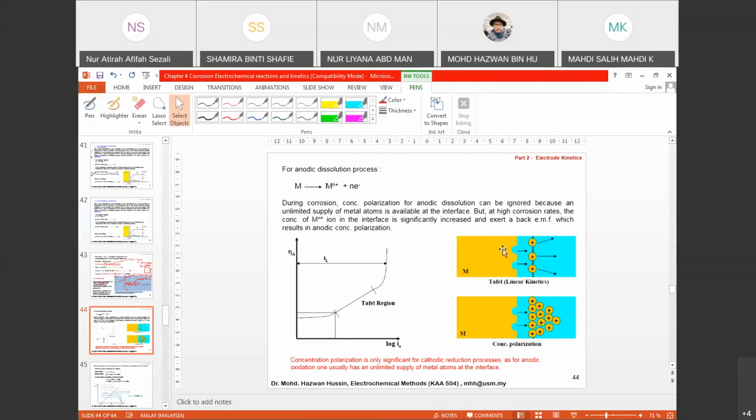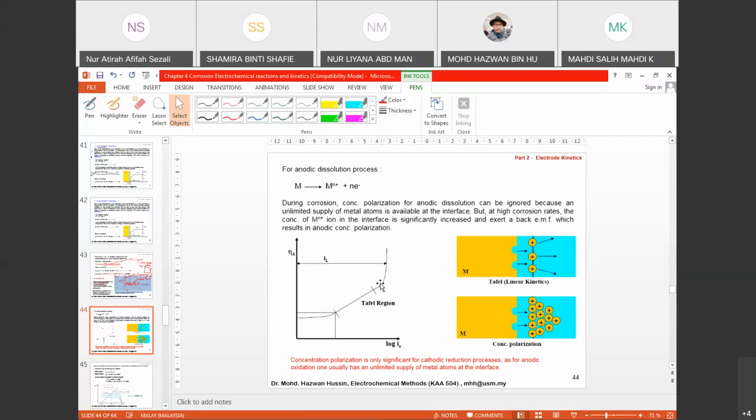Over here you will see the first process, the active process where most of the metal is dissolved. But when it reaches saturation, most of the ions have reacted and it starts to build the so-called corrosion product or metal oxide product.